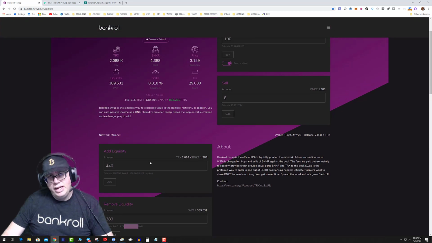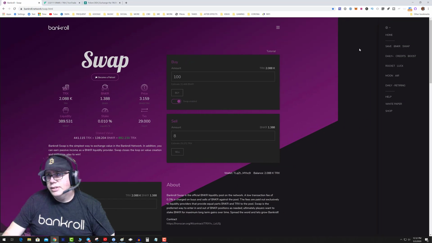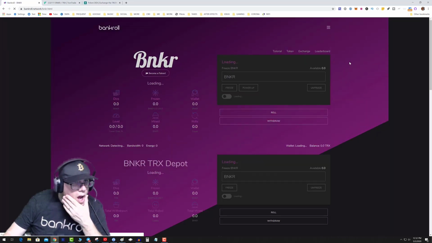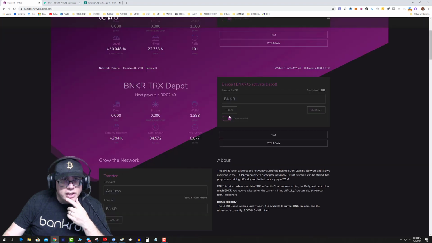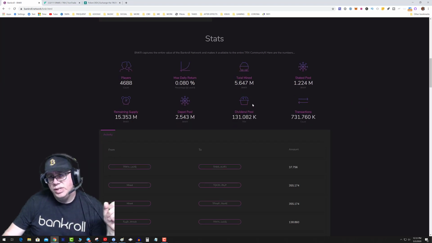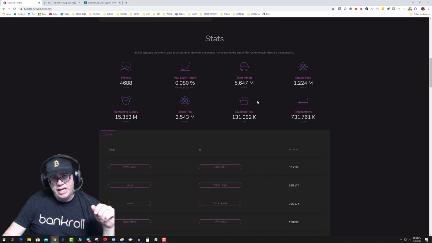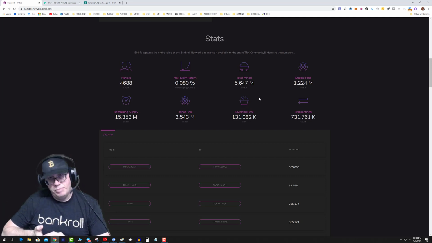Now, what's my strategy? Well, looking at the Banker page and the current mined, okay, 5.647 million mined. So we are going to be hitting that next stage soon, and your saved divs are going to drop, and this is going to take a lot of price pressure off of Banker.